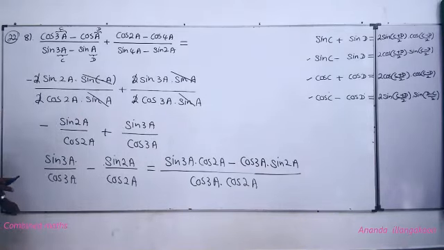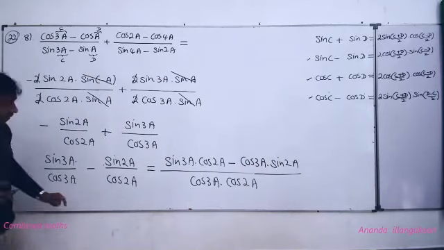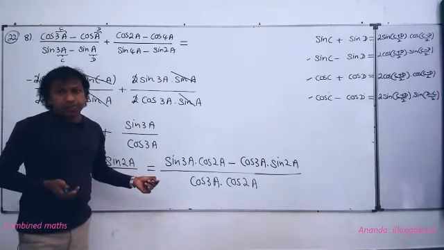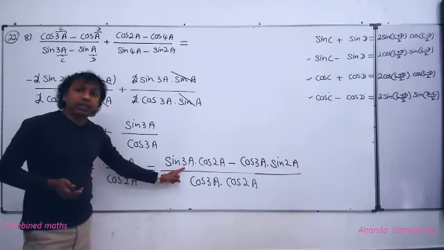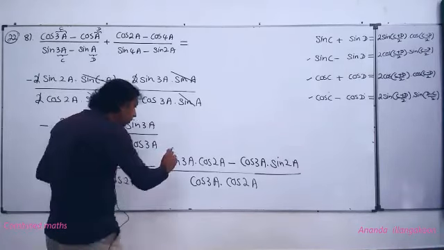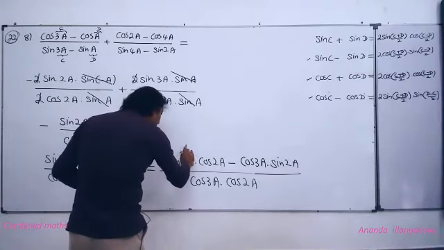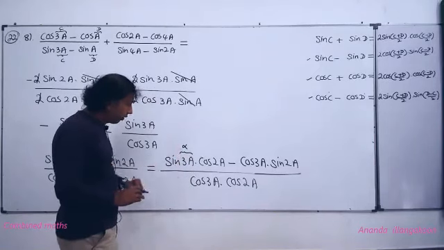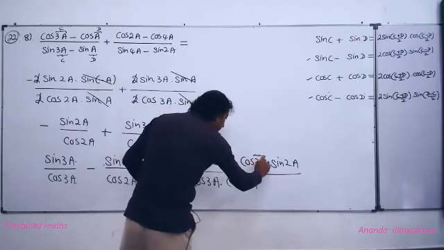Now, people, see here, this 3a means a single angle, no? A can be 10 degrees. Then 3 times a means 30 degrees. Then 3a means a single angle. That single angle, if I consider it as alpha, 3a I take as alpha, then this 3a is also the same alpha, no?